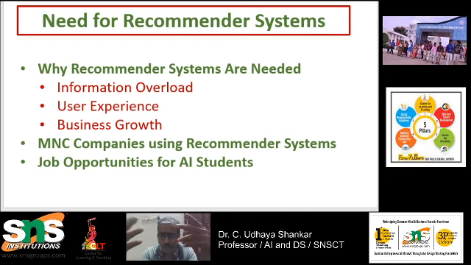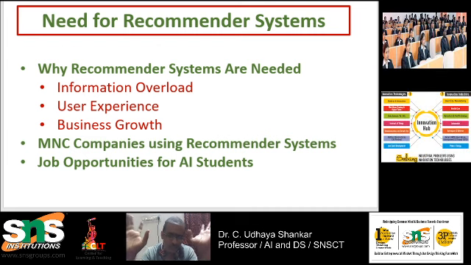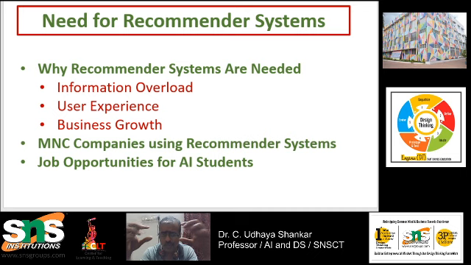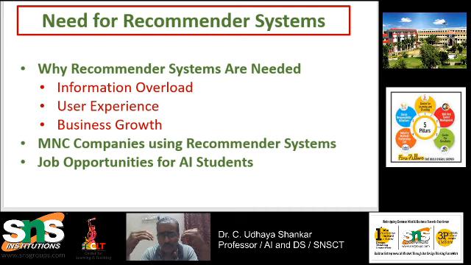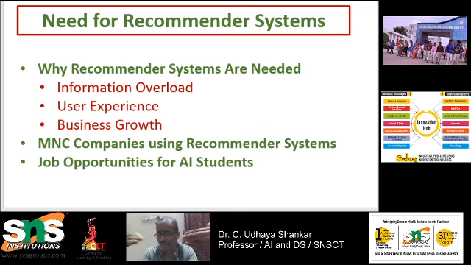Why do we want to do this? It is done to improve the user experience. If this recommender system is not there, I am sure the user will have a very bad experience. Nowadays every user who is searching on the net and feels good, it is because of the recommender system algorithms running in the backend.